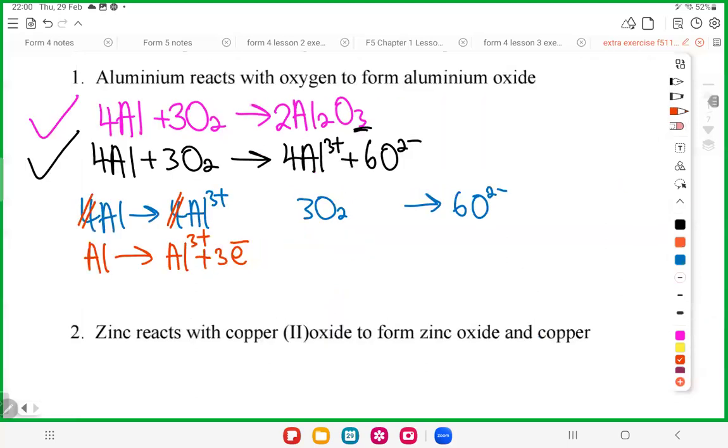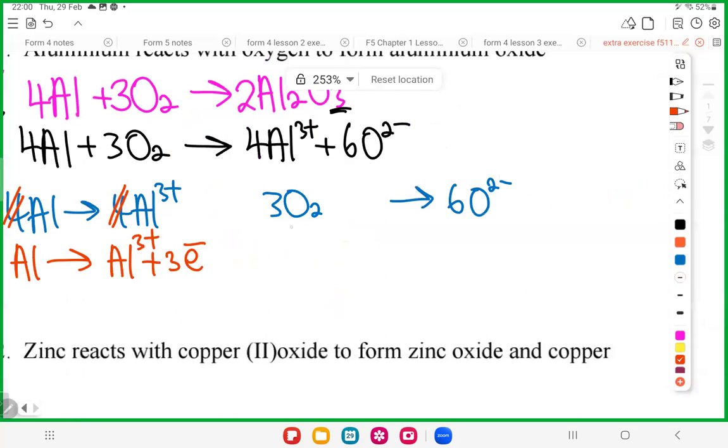Second one. What about this? This is a half equation, and I told you all, half equation must be simplified. Can 3 and 6 simplify or not? Can. Divide by 3, get 1. Divide by 3, get 2. So we have O2 on the left, 2O2- on the right.